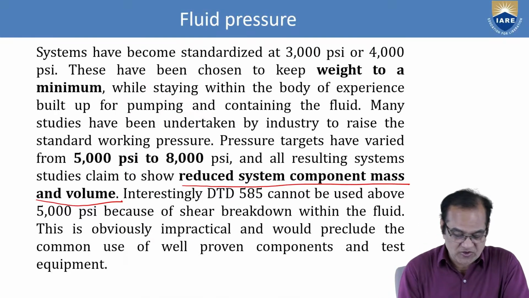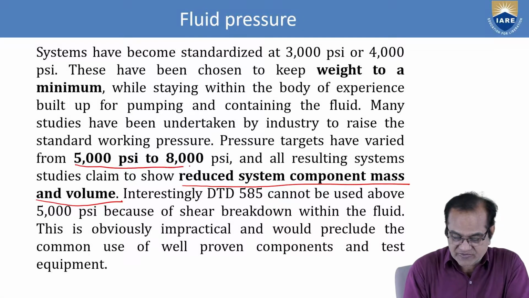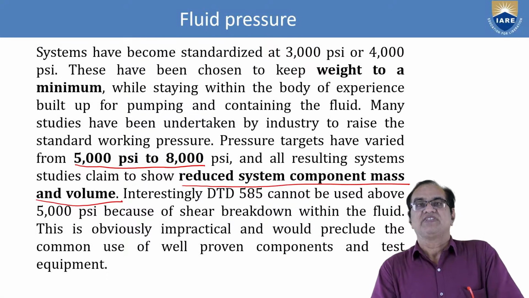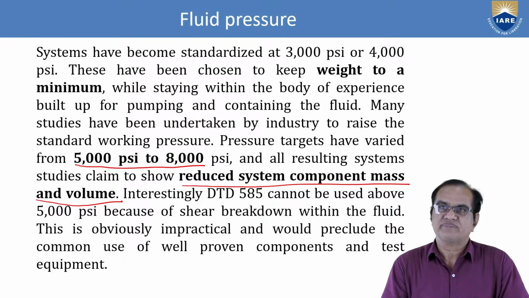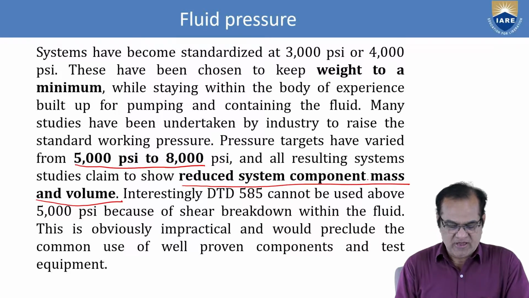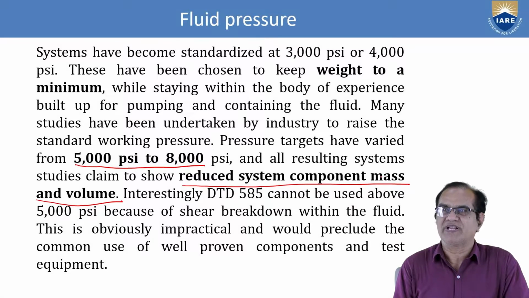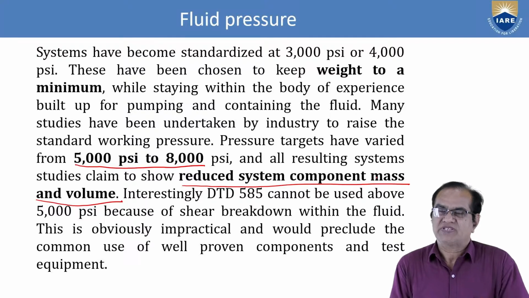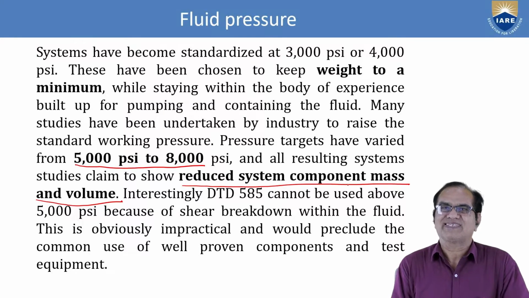But as and when we go for higher pressure, like 5000 to 8000 psi, this results in reduced system component mass and volume. For all the parts of the system, be it reservoir, pump, or pressure reducing valve, the size will reduce.